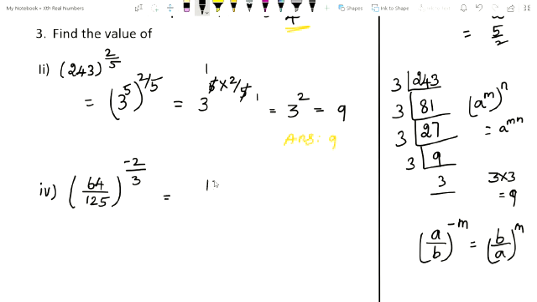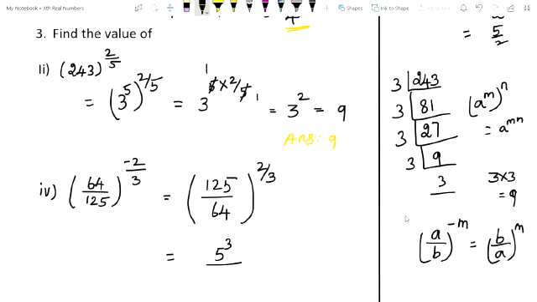So 125 by 64 whole power 2 by 3. Now you convert this. You know very well 5 cube is 125. Before that we found this. So instead of the 125, what you are going to write? 5 cube divided by 64. 64 you know very well.